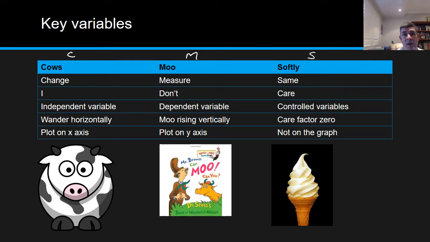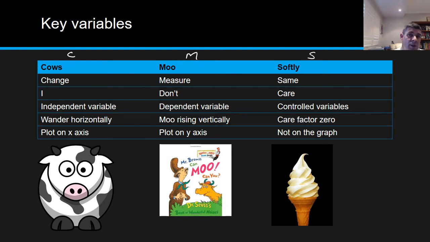So that could be you're going to look at the effect of something and measure something every minute or every second. Or we could be looking at what's happening to a certain reaction at different temperatures. We could be looking at the growth of seedlings over different days. But one of these things we choose to change. This is the C, this is the cows, this is the change.